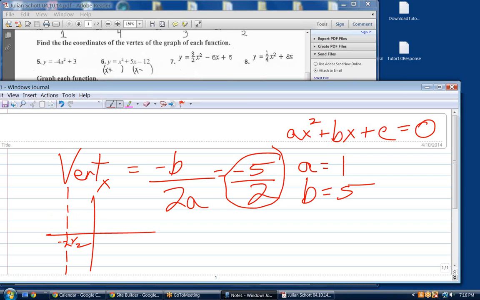And how do we get the y-coordinate? Because I know that this parabola lines up along that line of symmetry, but at this point I don't know whether the vertex is down here or up there. And I don't know yet whether it goes up or down, although I do know that. I can see it goes up. But I don't know where the y-coordinate is yet. How do I get the y-coordinate?